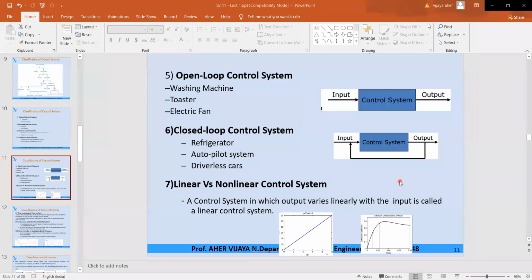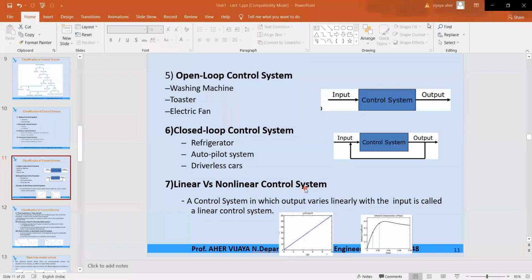If you apply input 0, 1, 2, 3, 4, accordingly you will get output. If you draw the graph of output versus input, you will get a straight line. This is nothing but a linear system. Meaning your output is changing linearly with applied input.